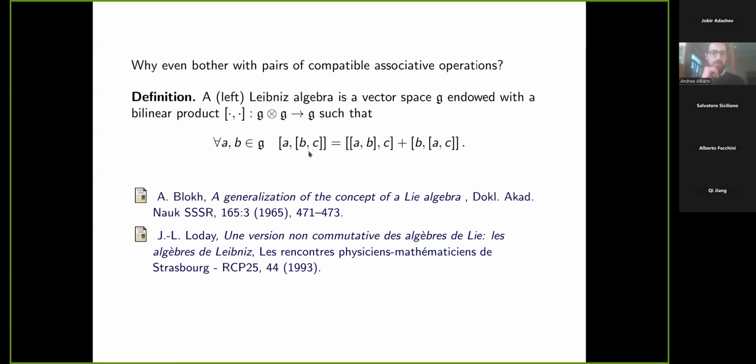Now, as you can already notice, the identity that you can see on screen simply states the fact that the left multiplication operator with respect to the bracket is a left derivation of the algebra itself, hence the name left. Of course, there is a dual notion of right Leibniz algebras, but the two theories are basically equivalent.